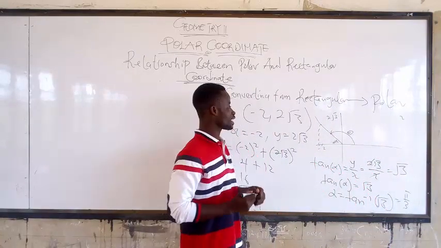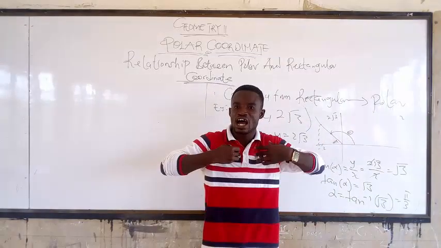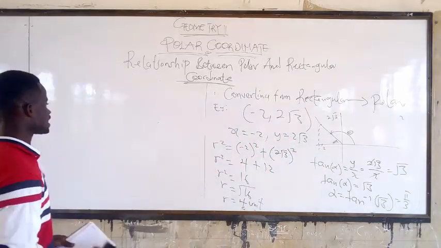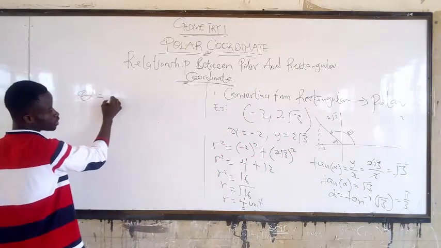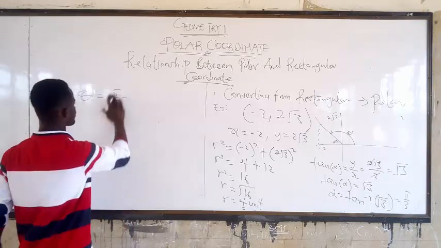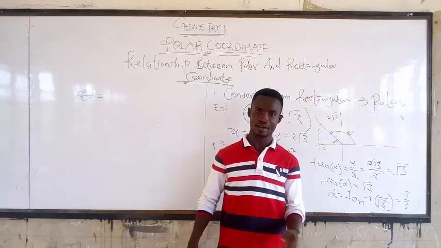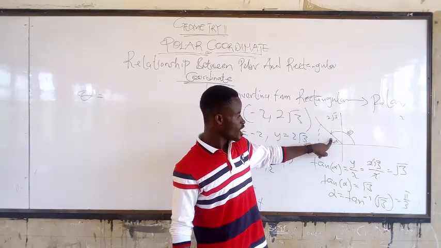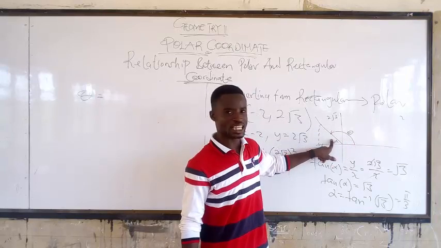But this pi on 3 is the alpha, not the theta we are looking for. Don't forget it. So we have to find our theta. Let me help you to understand this one. So if from here to here is theta, here is alpha, and alpha here is pi on 3.